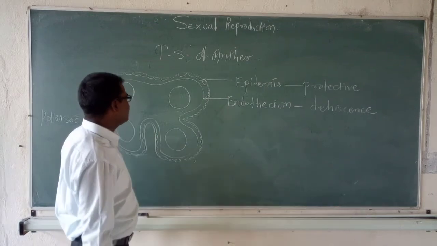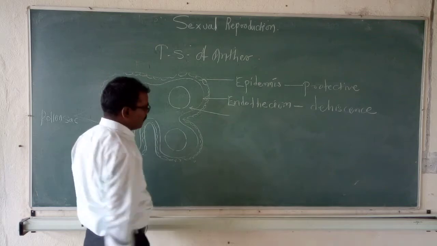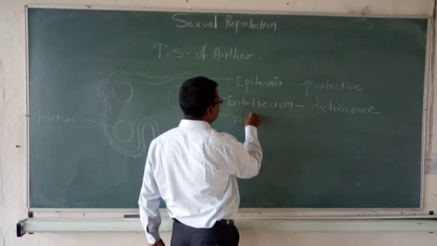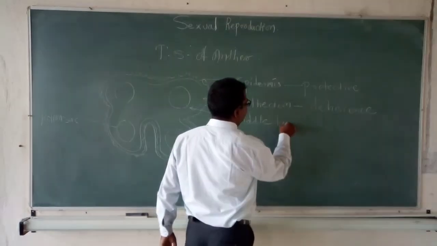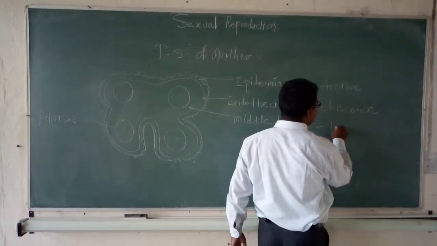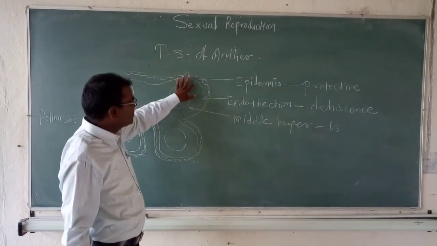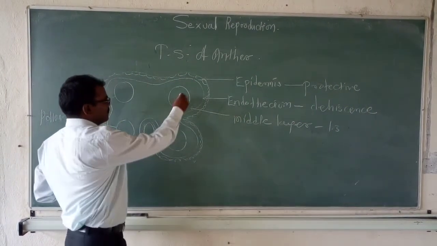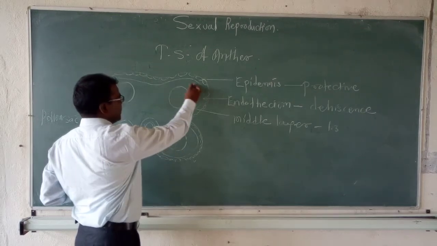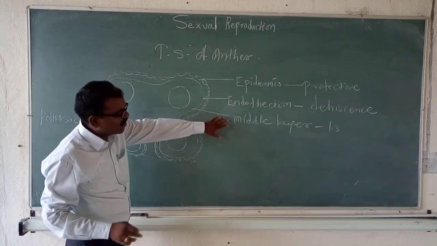Then there is development of the middle layer. The middle layer is about 1 to 3 layers, not like the epidermis and endothecium. First layer, second layer, third layer around the sporangium is called the middle layer.